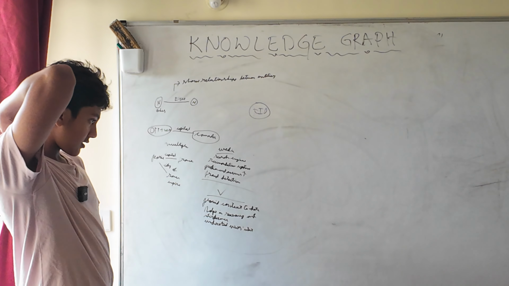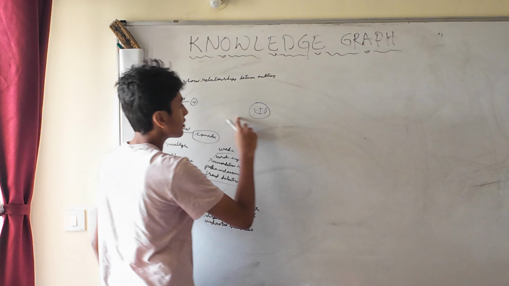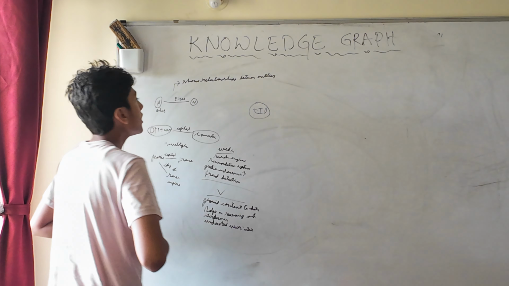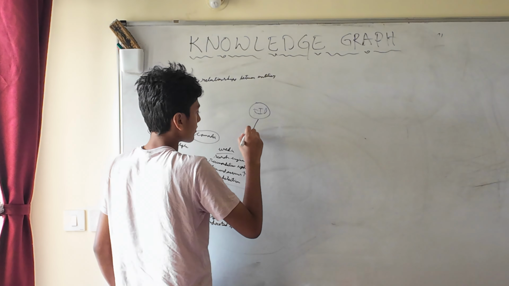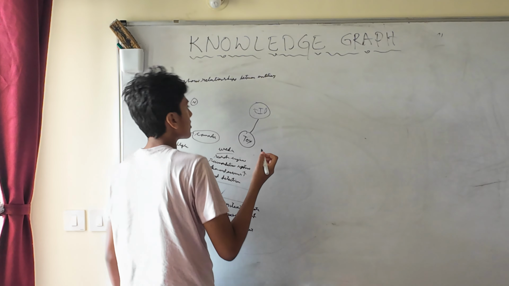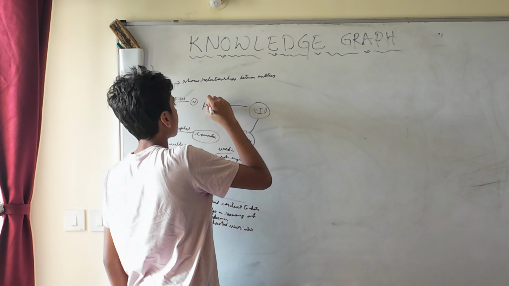Now let's try to make our own knowledge graph. Say we have the prompt kid here. This is a node. Maybe kids like toys, for example. They also have friends.